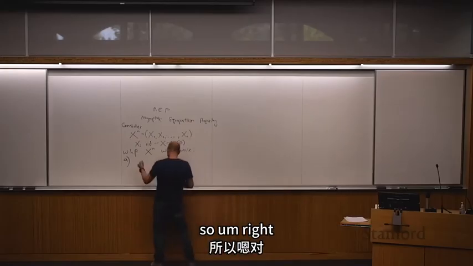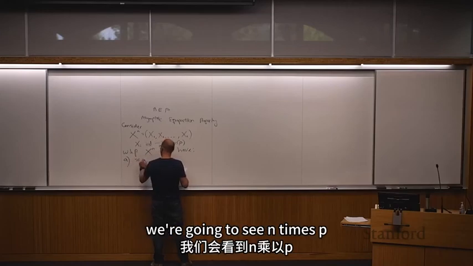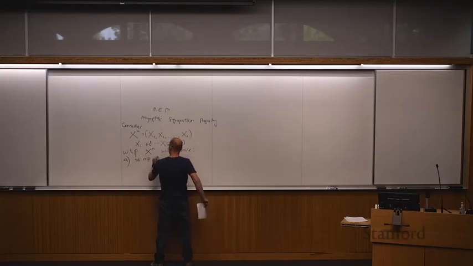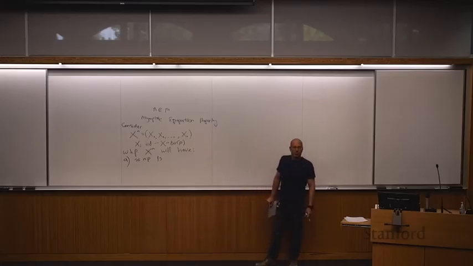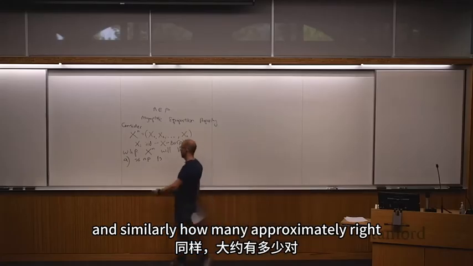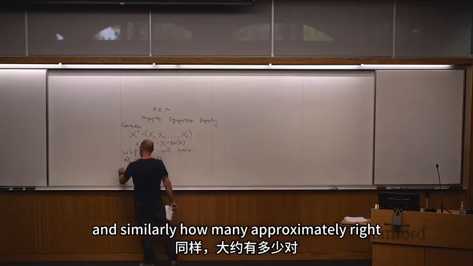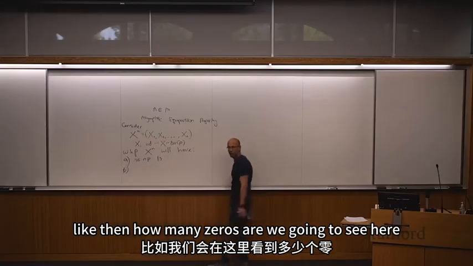So approximately, we're going to see n times p ones. Everybody okay with this? And similarly, approximately how many zeros are we going to see here?